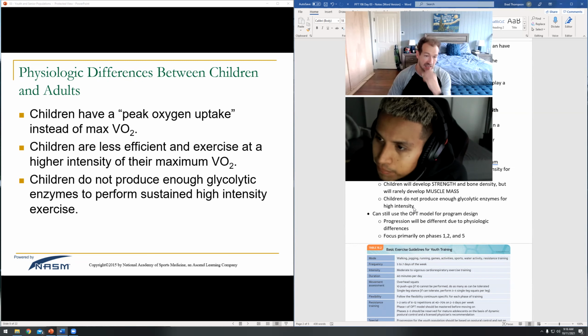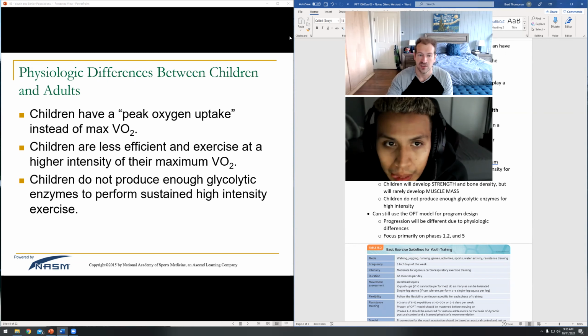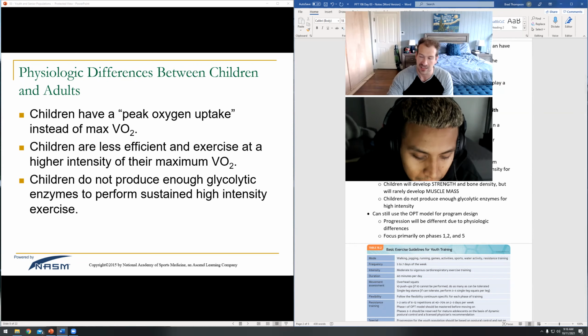That's because they don't have that anaerobic booster button that we as adults have. They don't have that anaerobic capacity. So that's a big part of it as well. It doesn't make any sense for us to train at high intensities if we're training youths because they don't really have a capacity to grow that way, right?